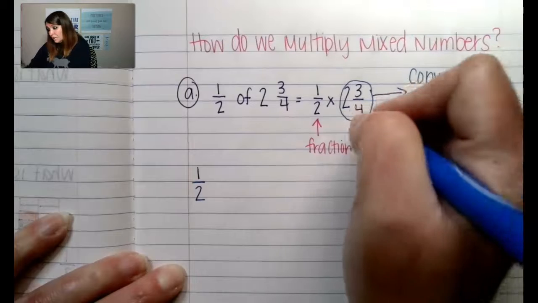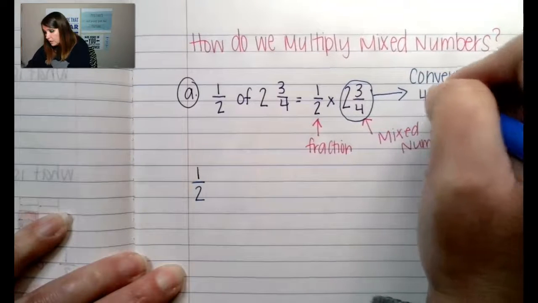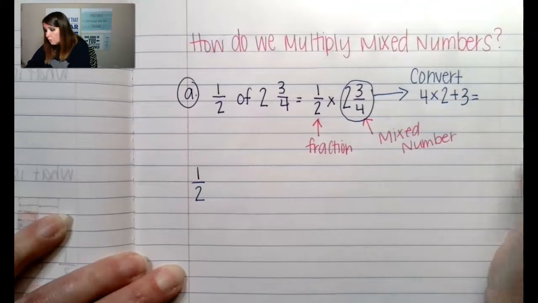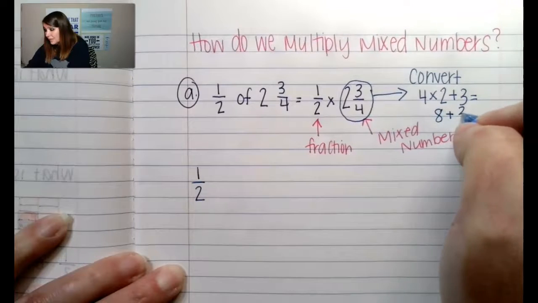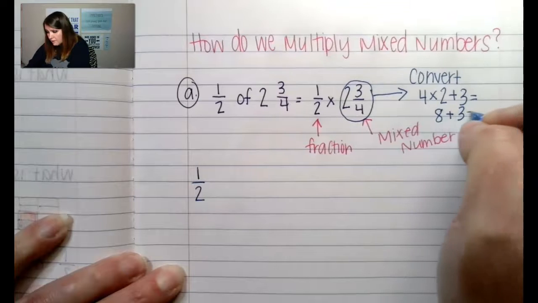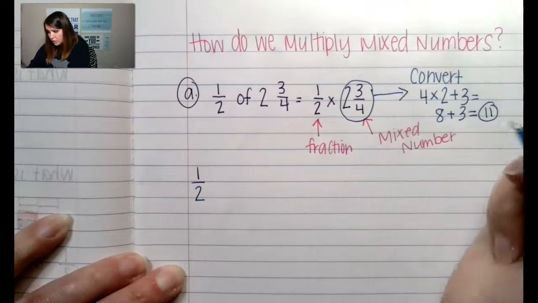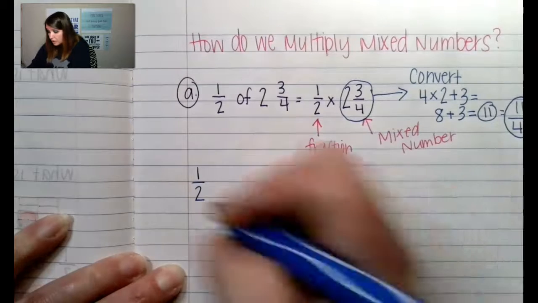We're going to change it: 4 times 2 plus 3. Ready? 4 times 2 plus 3. Well, we know 4 times 2 is 8, plus 3 is 11. Okay, now I need a fraction. So I get 11 over 4. There's my fraction.